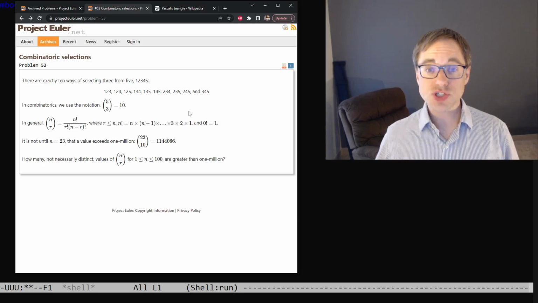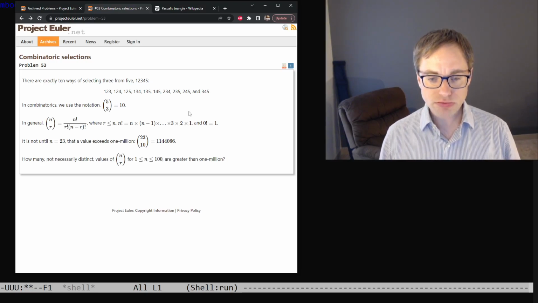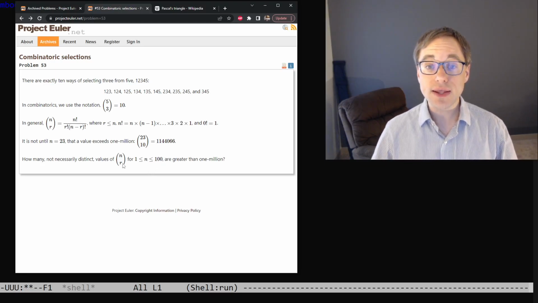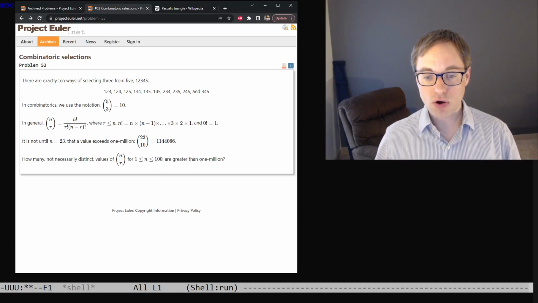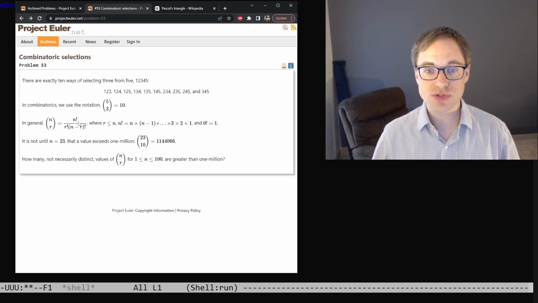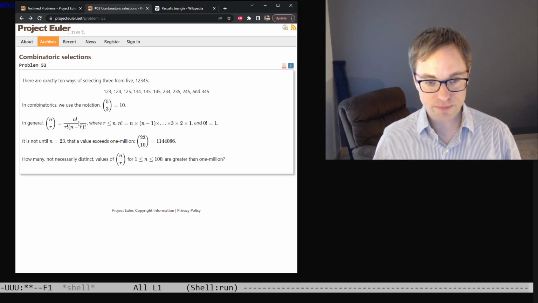So the most straightforward approach to this problem is probably just to calculate the binomial coefficients for n less than or equal to 100 and r less than or equal to n, and see how many of them are greater than 1 million. The problem starts with this term here, n factorial, which grows incredibly quickly.